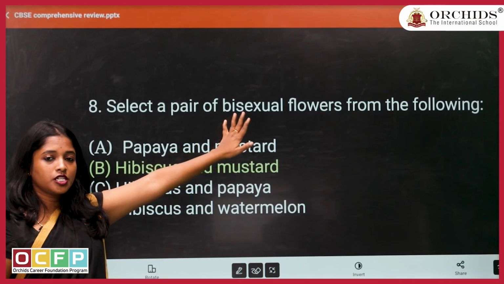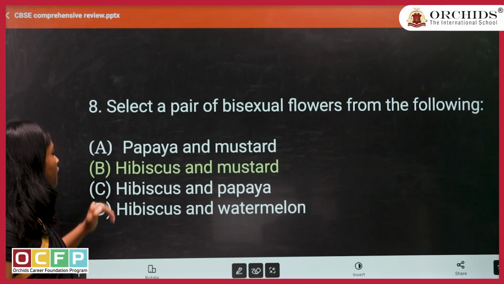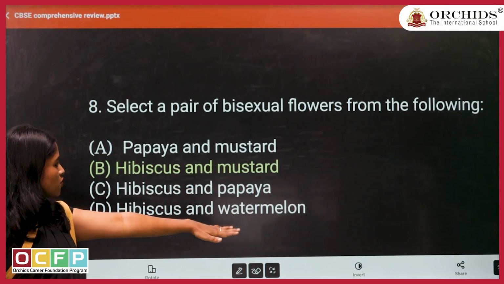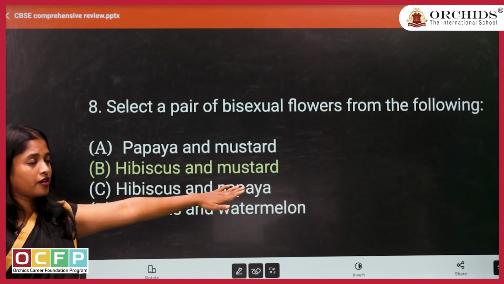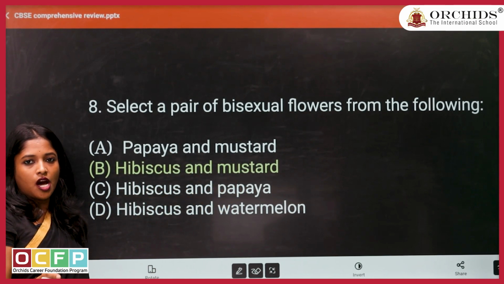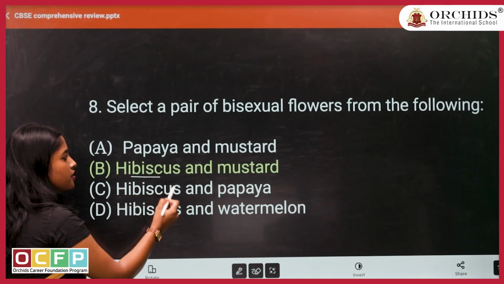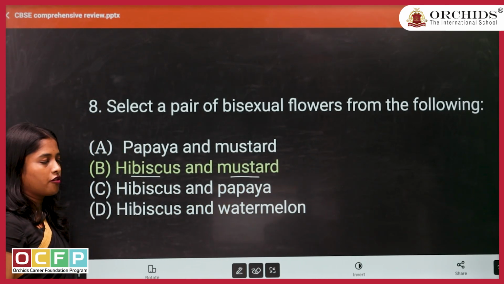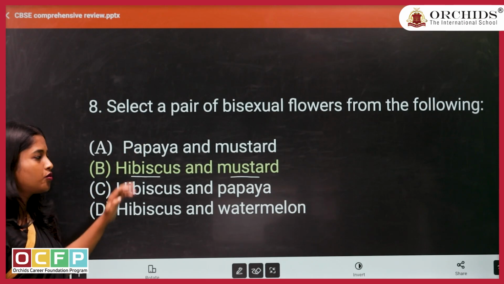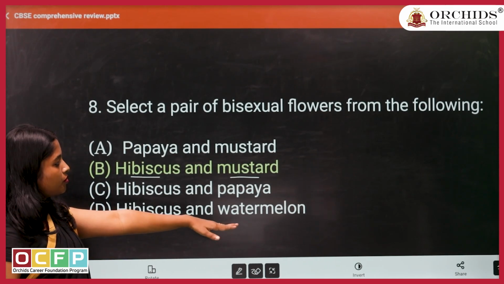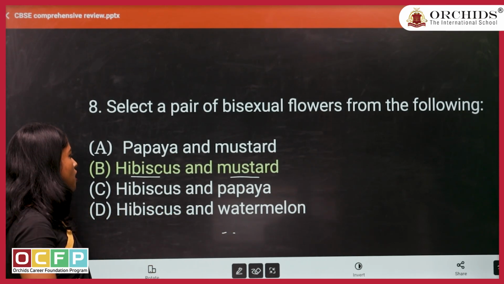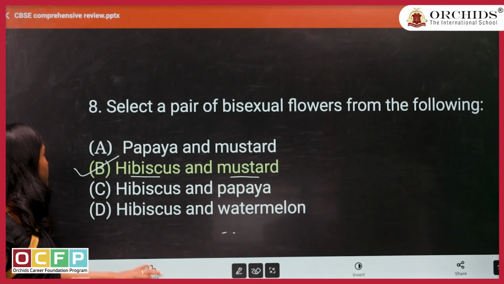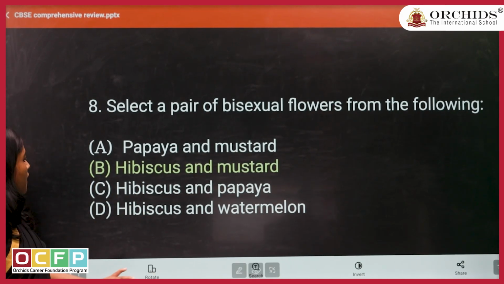Here papaya, mustard, hibiscus, watermelon are given in different pairs. We know from our textbooks that hibiscus is a bisexual flower and mustard is a bisexual flower, whereas papaya and watermelon have unisexual flowers. So option B is the correct answer.